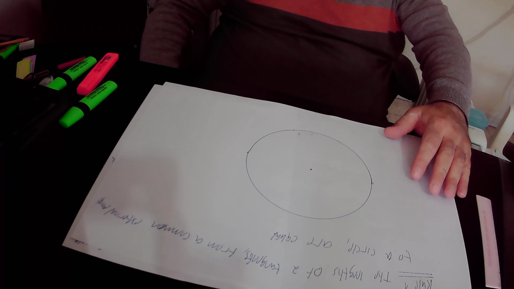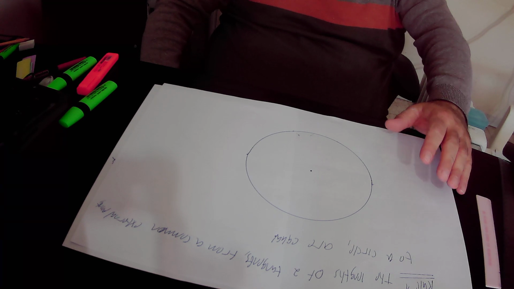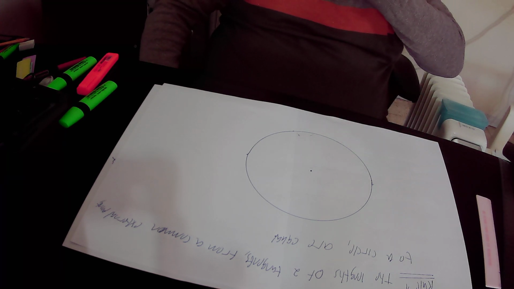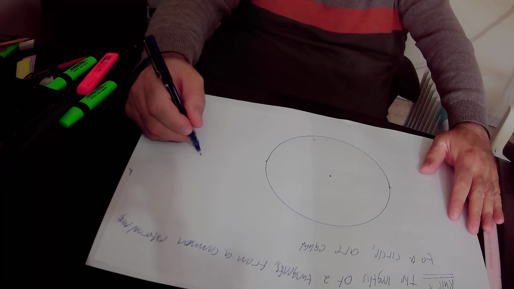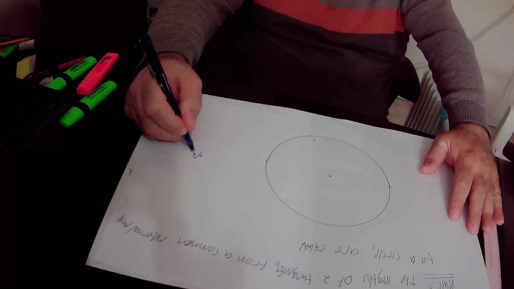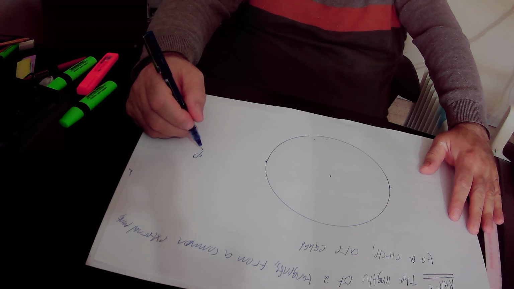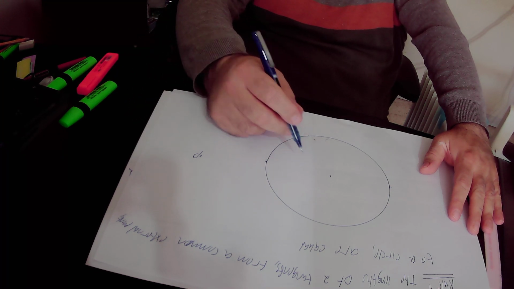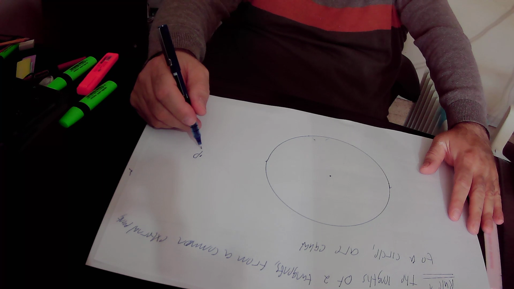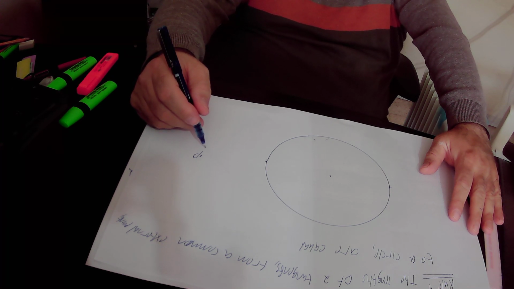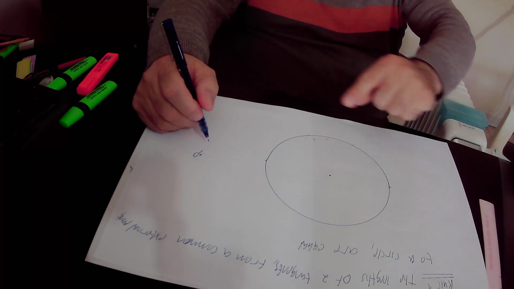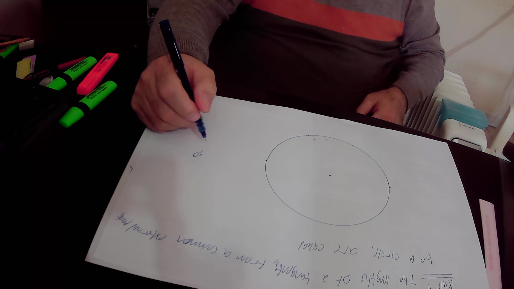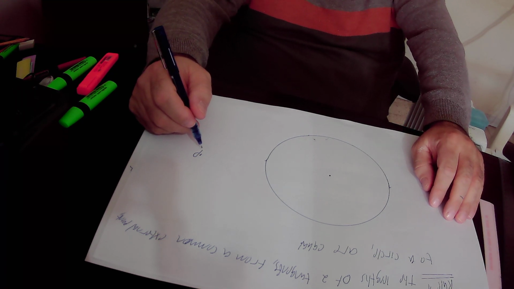The meaning is that if we have this circle and we also have this point P, this point P is defined as an external point in relation to this circle. Why is point P an external point? Because point P is not located inside this circle, nor on this circle, but it is located outside of this circle.